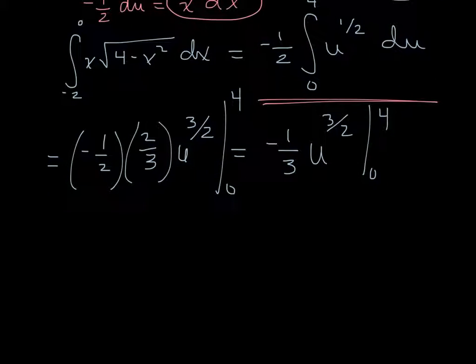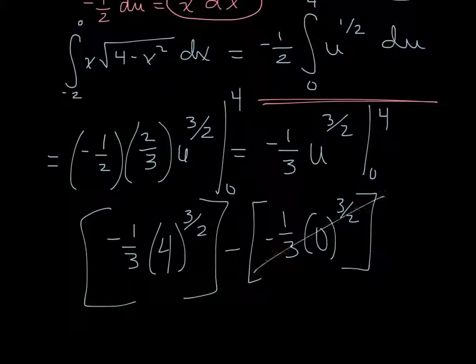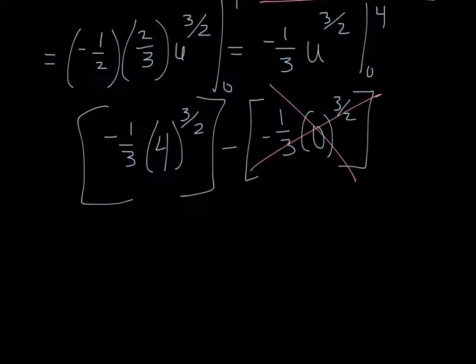Doing that gives me -1/3 times 4 to the 3/2 minus -1/3 times 0 to the 3/2, and as we can see, that goes away, and so this last piece is our area, which equals -1/3 the square root of 4 cubed.